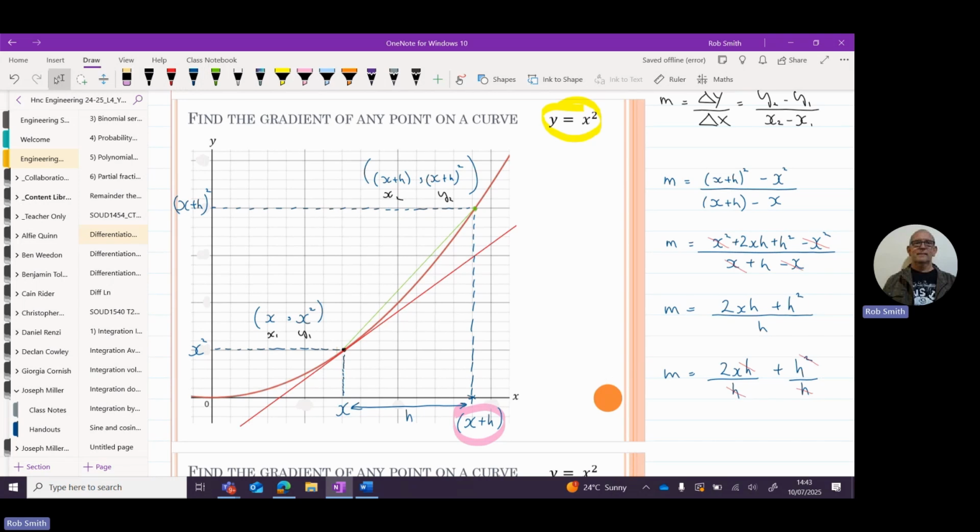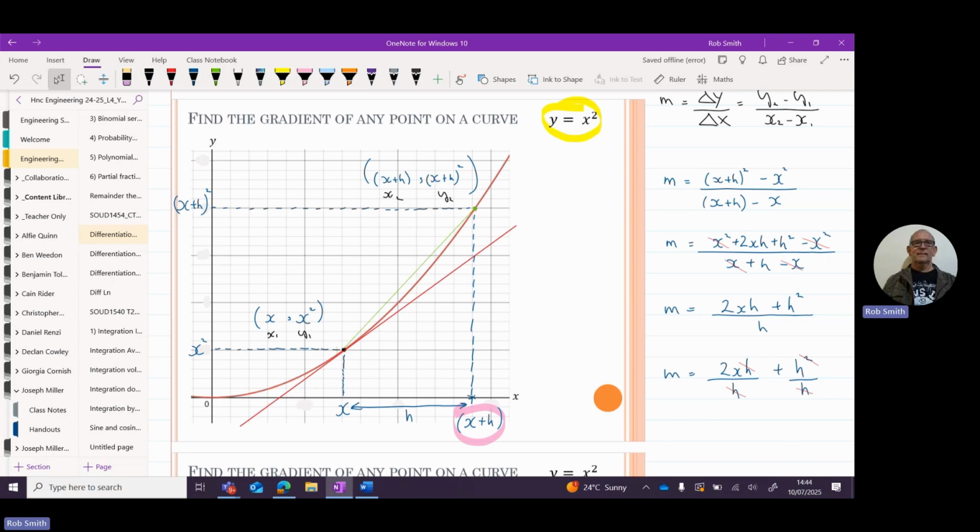So the green line is an estimate. We've got to think about how we can improve that estimate. How can I get that green slope close to the y slope? What is it I need to do? Well, the easiest way to do that is to take my value of h and make it smaller.